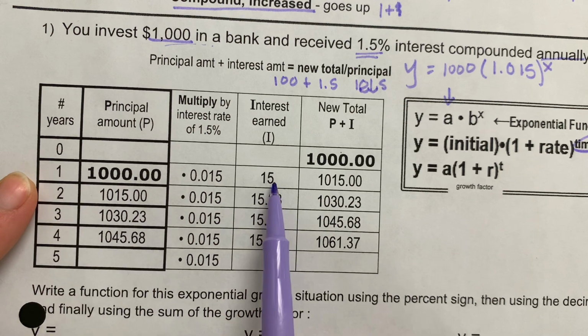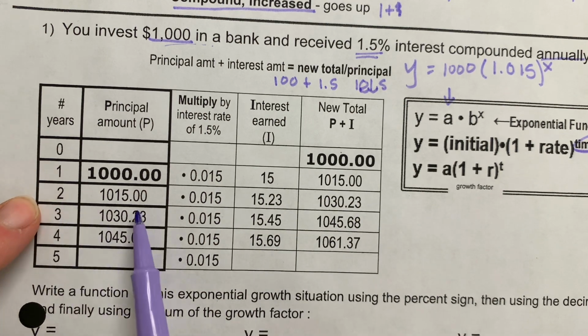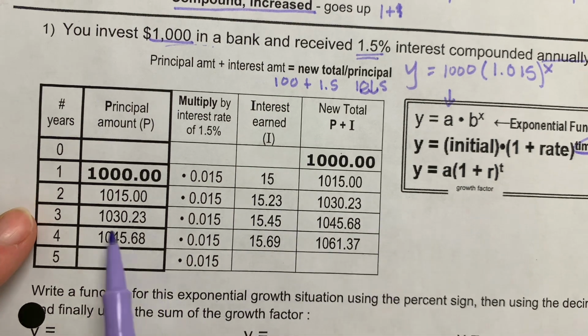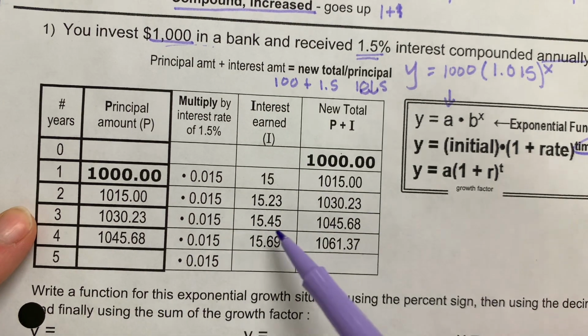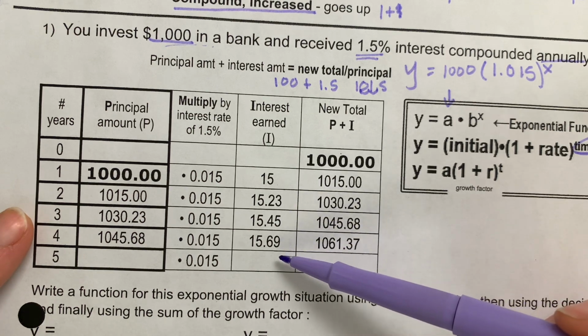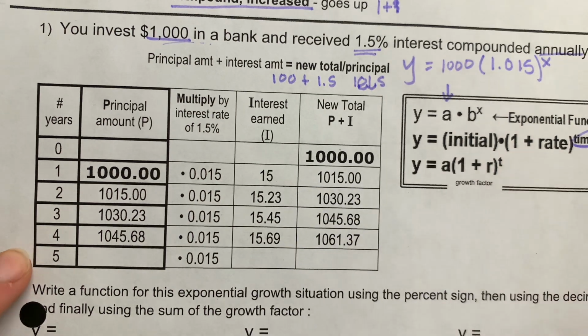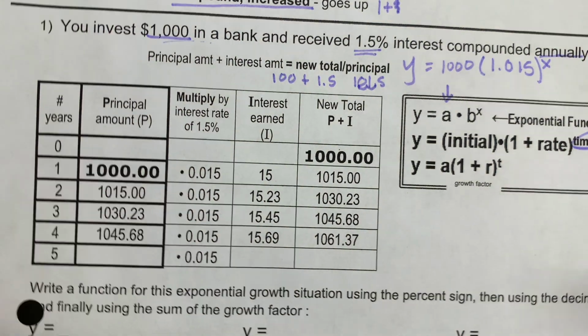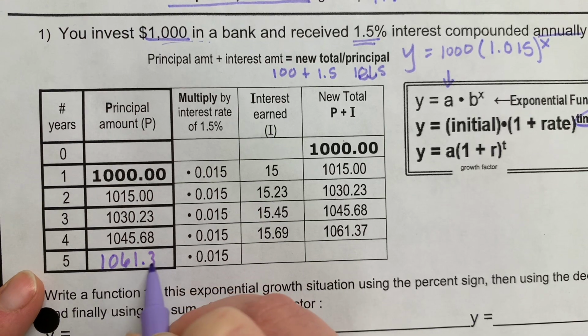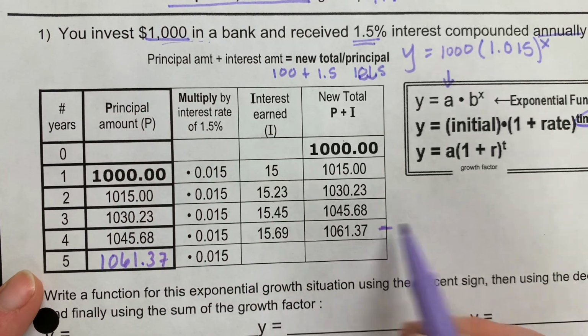Okay, so we can see by this table that at 0 years, they have $1,000. At 1 year, they earned $15. At 2 years, they earned another $15.23. At 3 years, they earned another $15.45. So it's continually going up. And then we can see that by year 5, we're starting with the amount we left off right here.